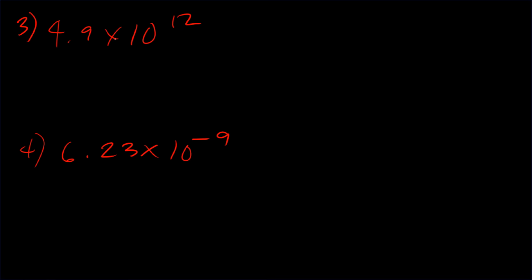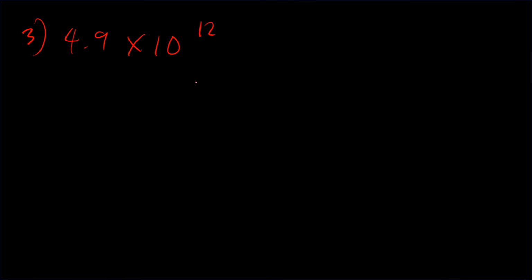Okay? So, dito, sa una, isulat ko muna. Ito munang number 3. So, 4.9 times 10 raised to 12. So, since positive yung exponent natin, this must be greater than 1. Mas malaki pa siya sa 1 yung original value natin.